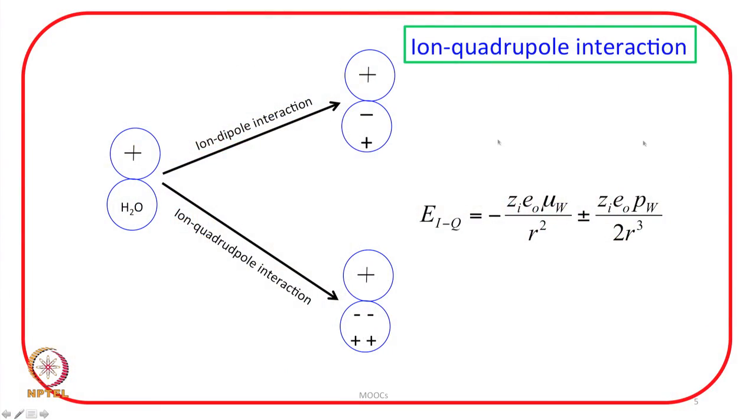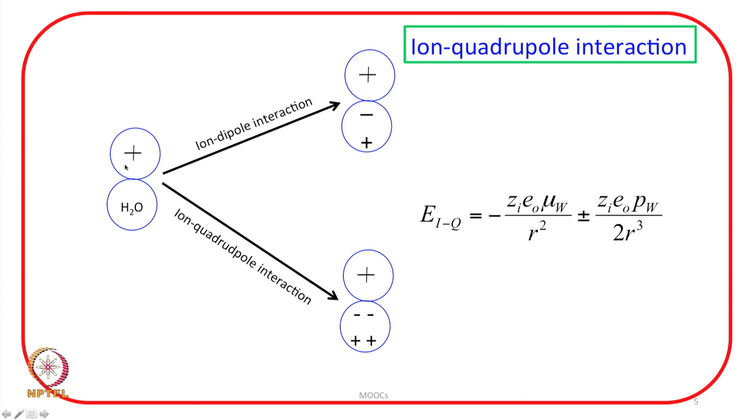Does a sodium ion see a water molecule as a dipole, or does it view it as a quadrupole? It will depend upon how closely you are seeing. It will depend upon the distance between the ion and water. So, let us consider this ion interacting with water and represent this as ion dipole interaction.